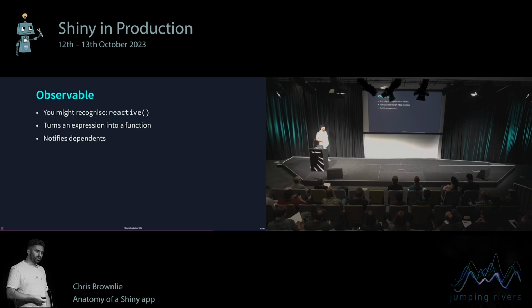Like an observer, it can be invalidated by things it depends on, so it can take in reactive values and change in response to when they change. But it can also be used in observers itself as well. So it's in between the two: reactive values can notify other things that they need to recalculate, an observer can be notified, an observable can do both. And so that's the reactive function, which creates an observable object.